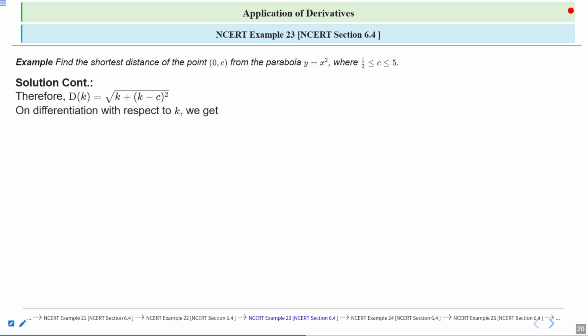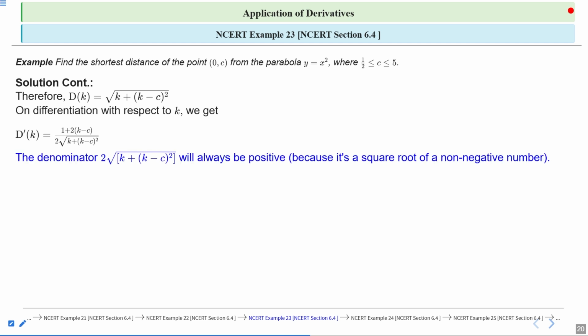Now, on differentiating with respect to k, we get d'(k) = (1 + 2(k − c)) upon 2 times root over k plus (k − c) whole square. The denominator will always be positive because it's a square root of a non-negative number.